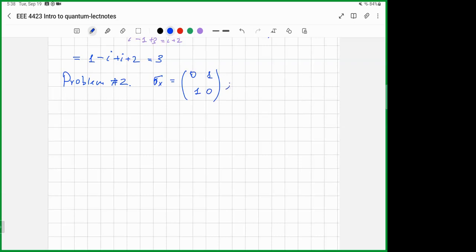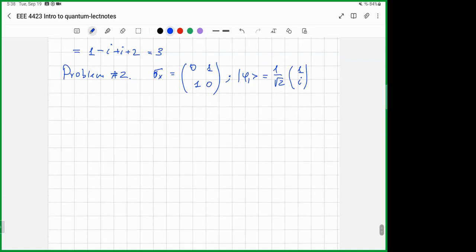And let's consider a two-level system like a qubit, and this qubit can exist in only two possible states. The first possible state is 1 over square root of 2 times the column vector 1, I, and the second state is the same, but with minus I here.